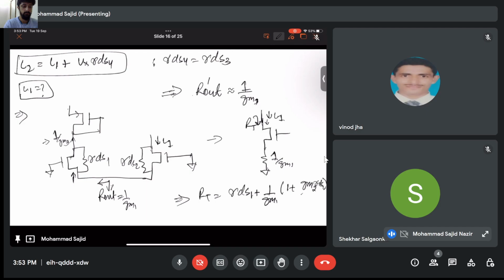This is its gain. So RT is equivalent to RDS1 plus 1 by GM1 plus GM2 by GM1 times RDS2.